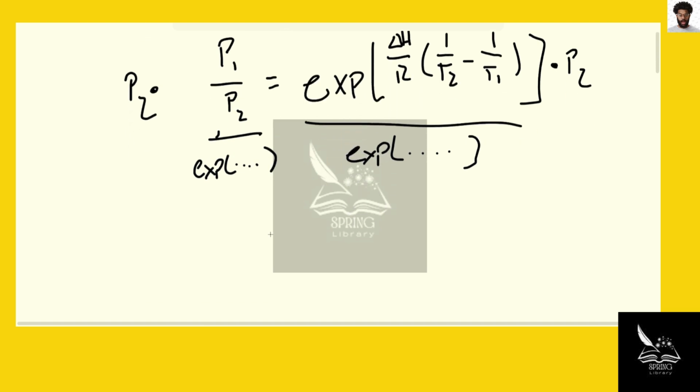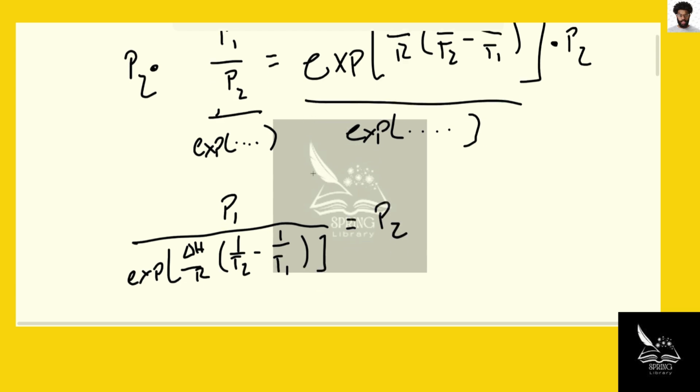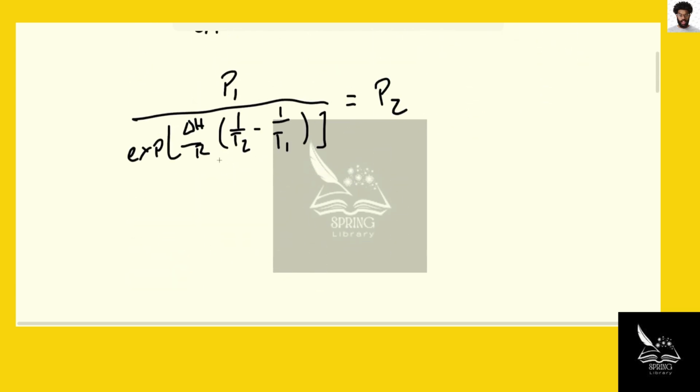When we're done, we'll get P1 over the exponential of delta H over R times 1 over T2 minus 1 over T1, and on the left side, we'll have P2. So now all we need to do is plug in the relevant values. Let's go ahead and write that out.